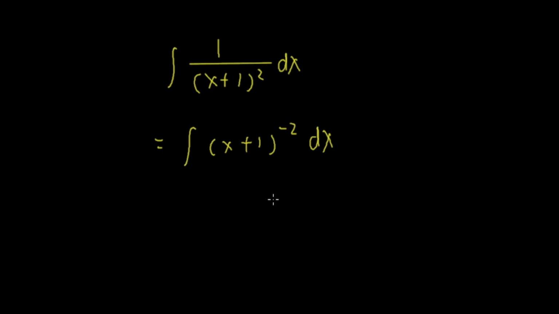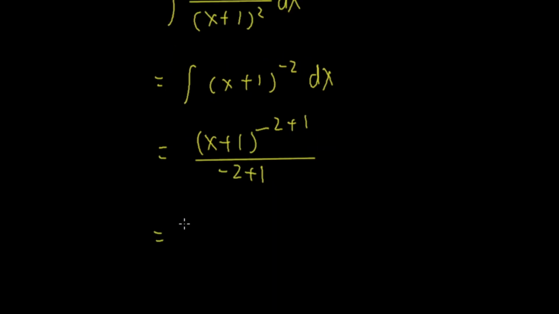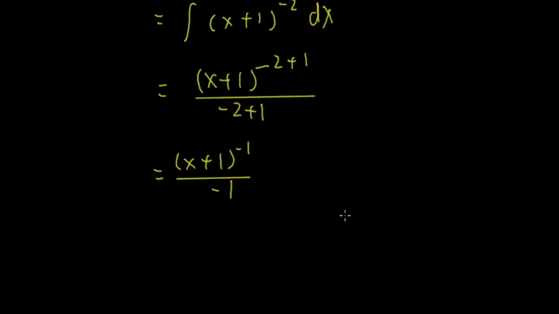Now, you just have to add 1 to the power divided by the new power. That's equal to x plus 1 to the power of -2 plus 1 over -2 plus 1. What is that equal to? x plus 1 to the power of -1 divided by -1. That's the same as -1 over x plus 1.